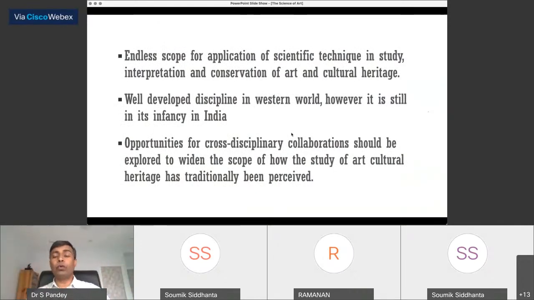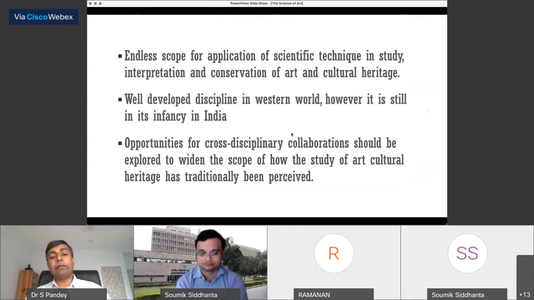There is endless scope for application of scientific techniques in the study, interpretation, and conservation of art and cultural heritage here in India. It is a very well-developed discipline in the Western world, but in India, we are still taking a baby step.